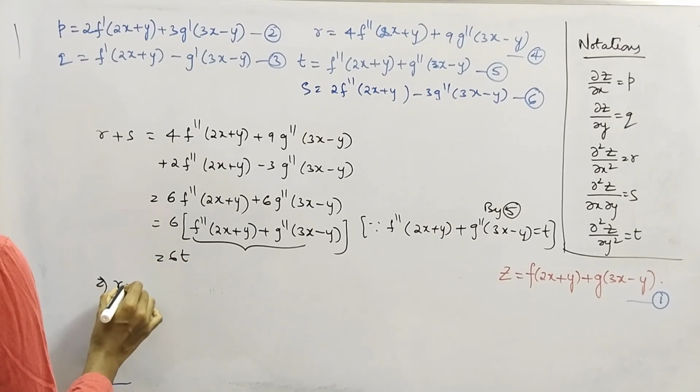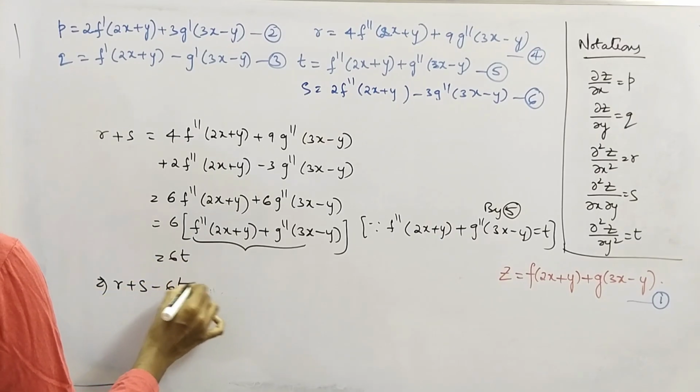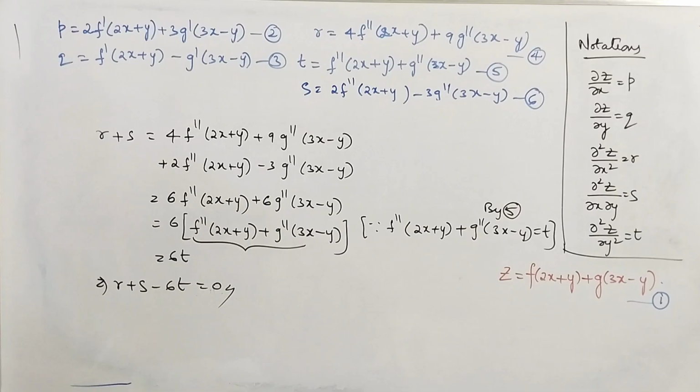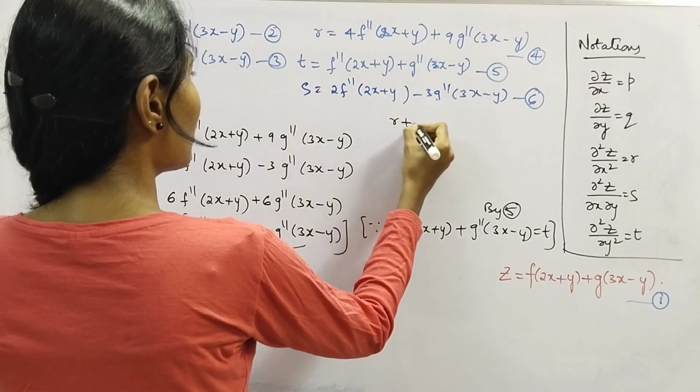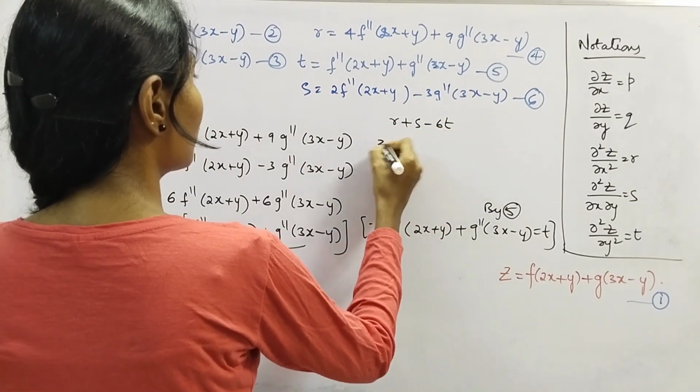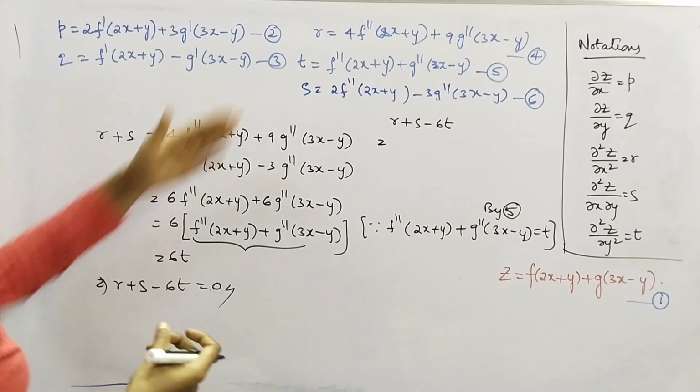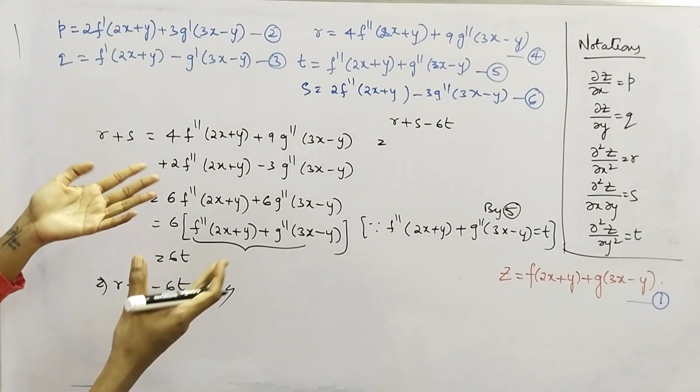Now bring this to LHS, which is the required partial differential equation, right? Or in some books they directly did like r plus s minus 6t. You can just do it, okay? By looking at this, we can say that it gives 0.